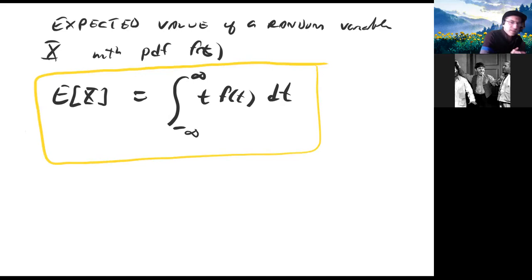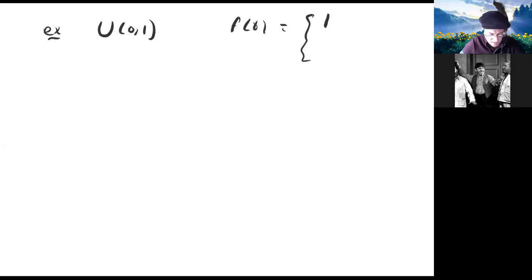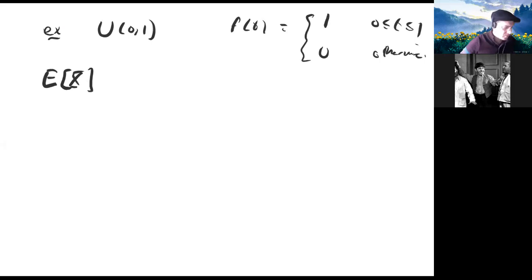Okay, so let's do the calculations. Let's consider the example of the uniform distribution of type 0, 1. Remember that f of t then was 1 if t is between 0 and 1 and 0 otherwise. So what is the expected value of a random variable of uniform type?